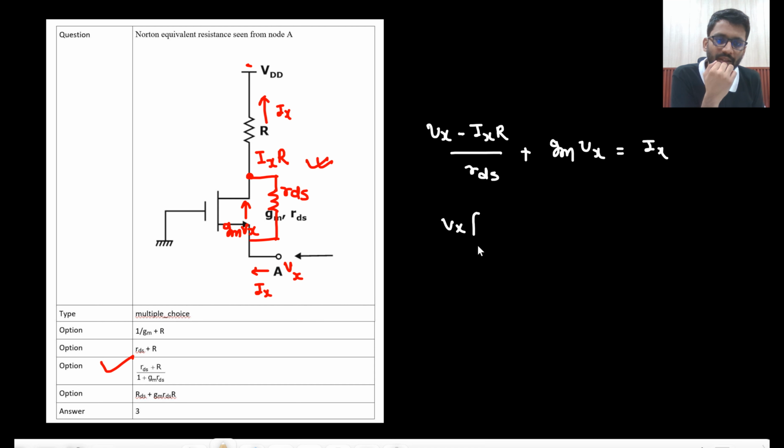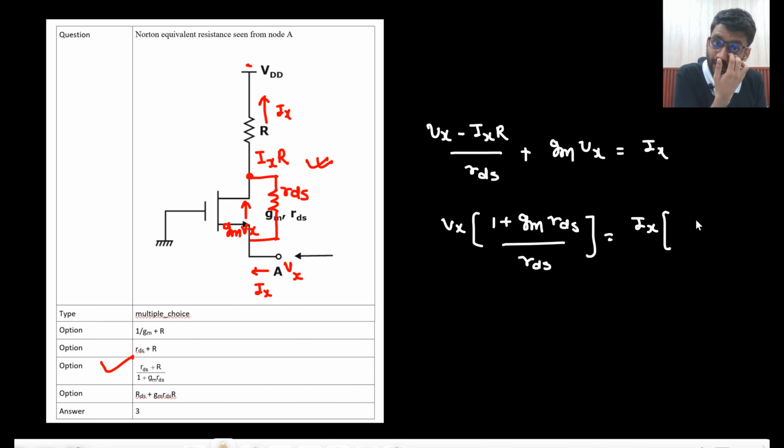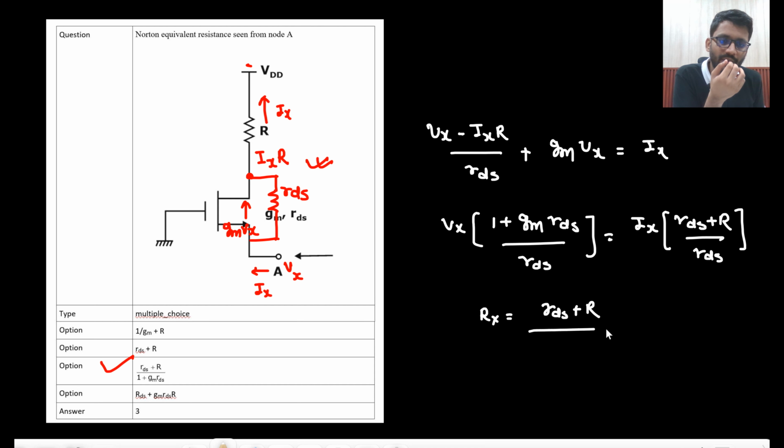So Vx times 1 plus GM RDS divided by RDS is equal to Ix into RDS plus R divided by RDS. So Vx by Ix would be RDS plus R upon 1 plus GM RDS. Very simple derivation, but you should remember it.